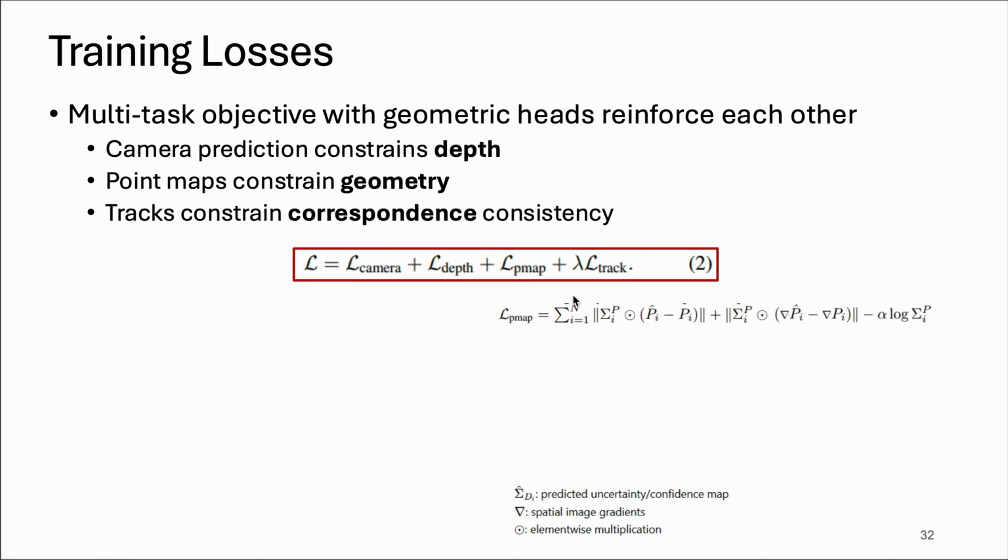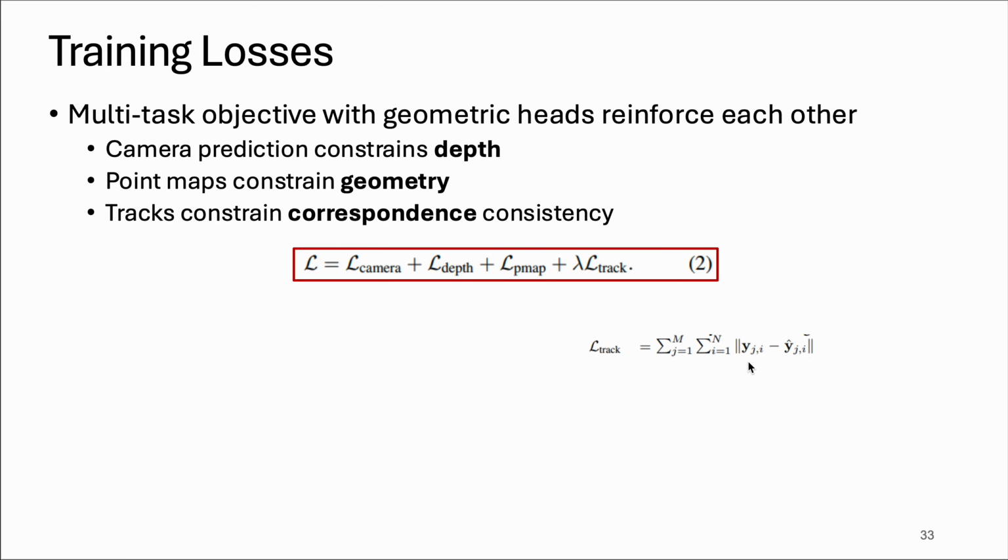The 3D point map follows a very similar structure: the difference from the ground truth 3D point weighted by the uncertainty, also the difference of the gradient of the point map weighted by the uncertainty, plus an uncertainty regularization term.